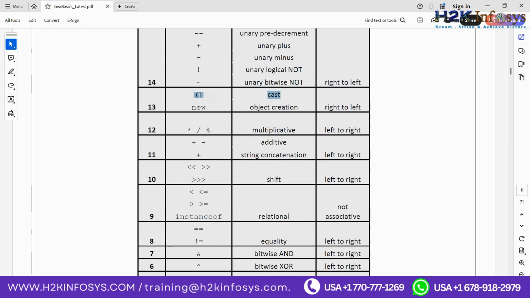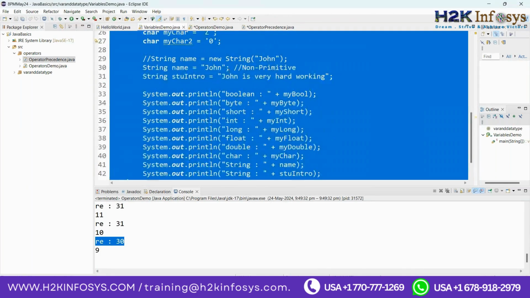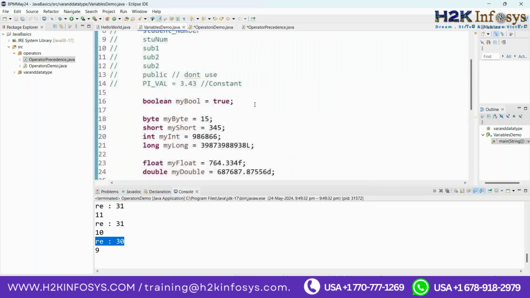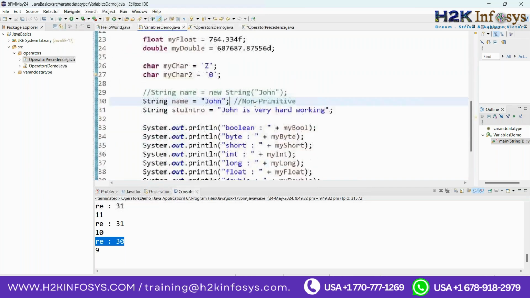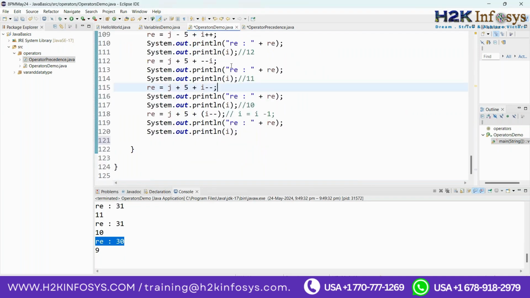Don't confuse here, that we will see later. If you remember, we used this casting in yesterday's class, where we converted a float value into an int value. You remember, where is that? Not this, I think operators only.